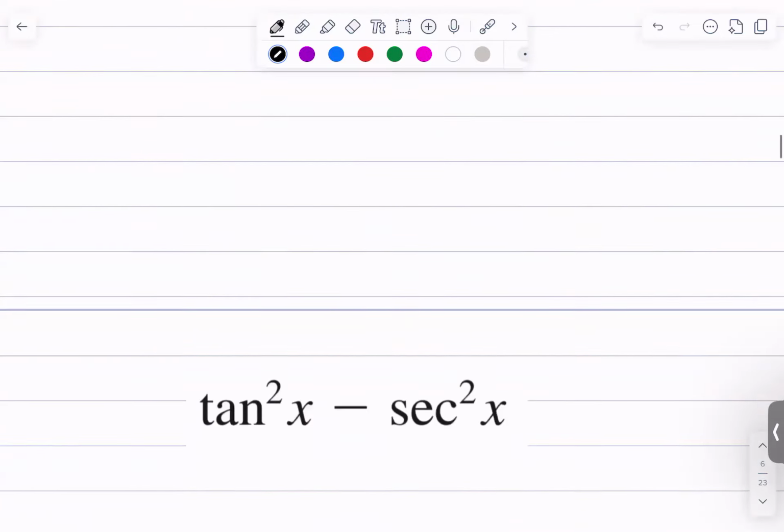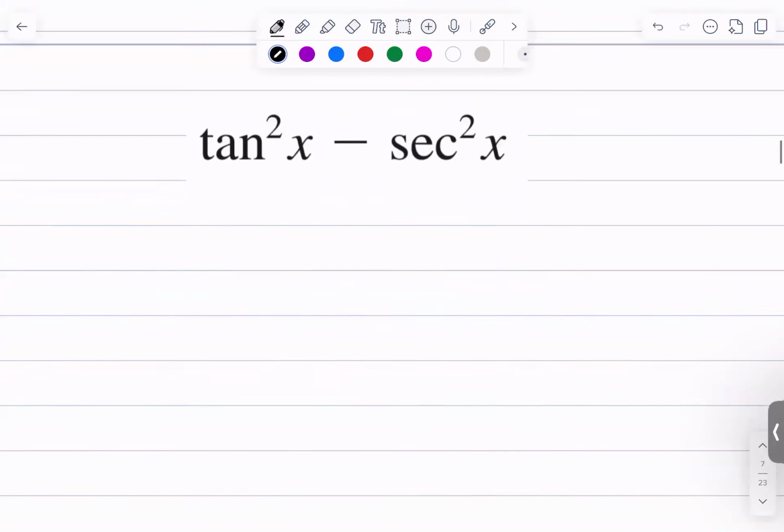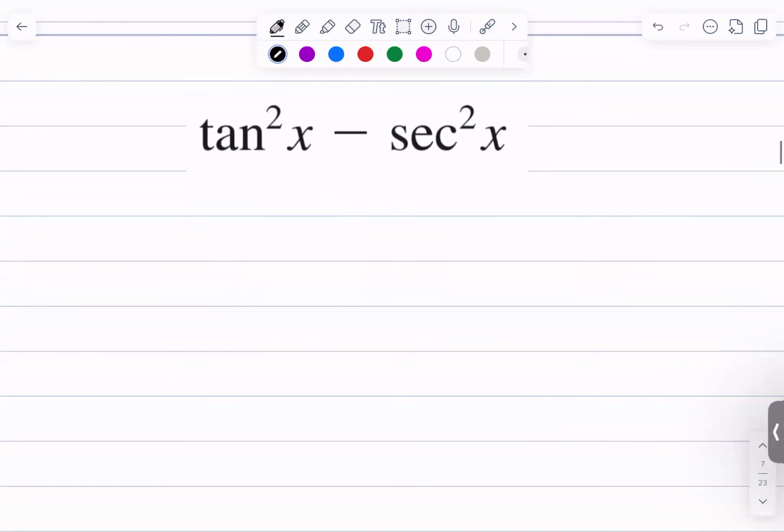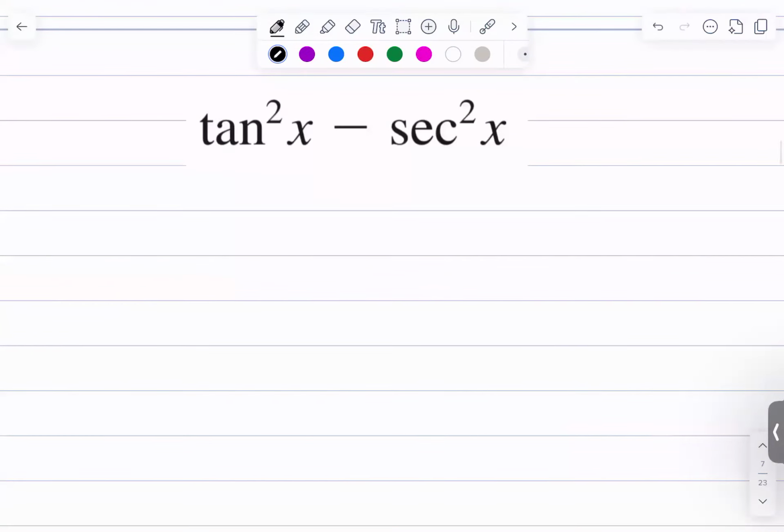My fourth example we have here. I can do this multiple ways to simplify. I see something squared, right? Tangent squared minus secant squared. So what is that Pythagorean identity?